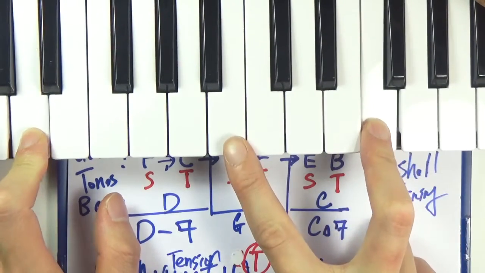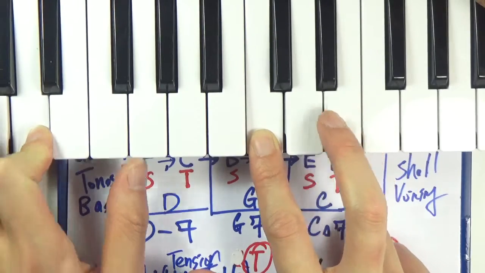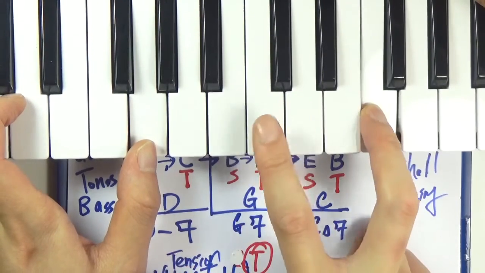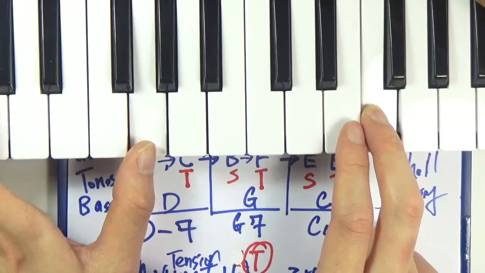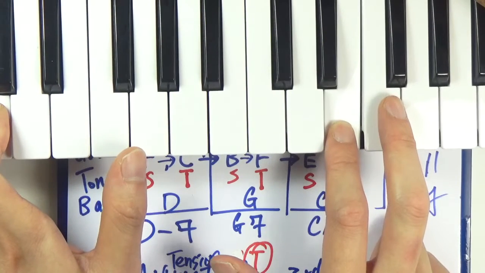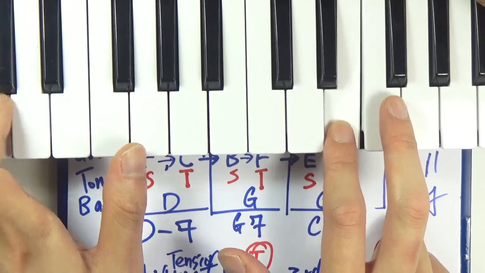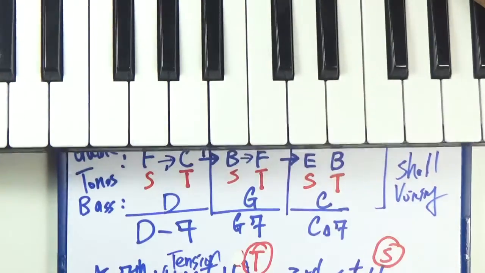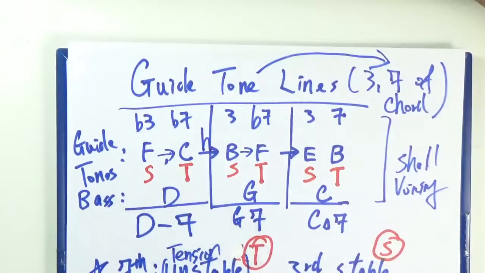Stable, tension, stable, build up tension, and C E, stable, resolution of the tension, and build up tension. Okay, cool. So it's kind of like a yin-yang kind of thing.